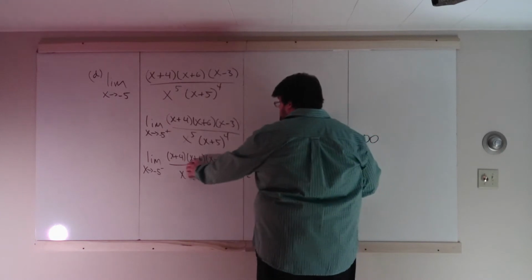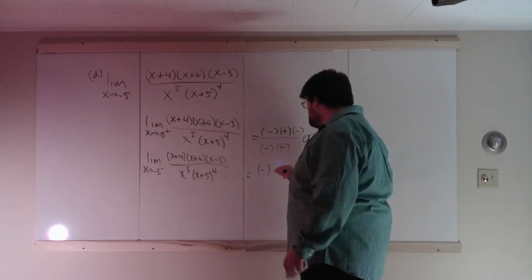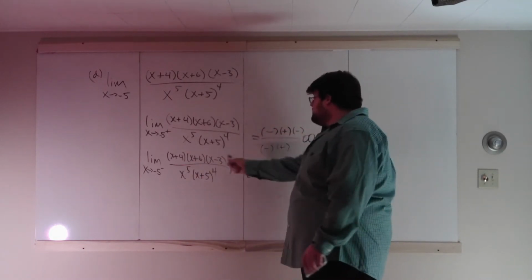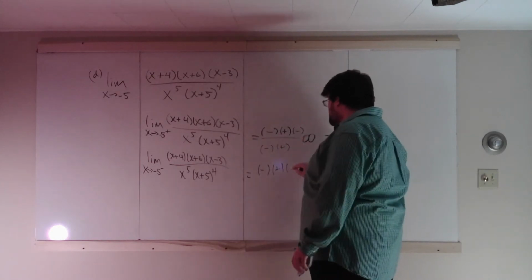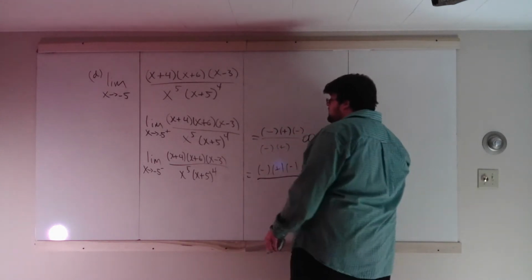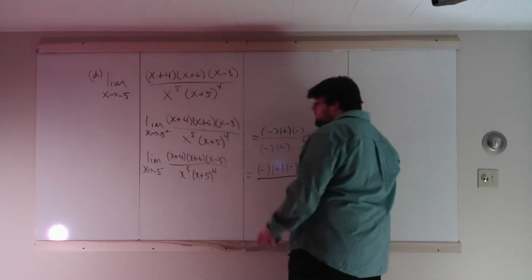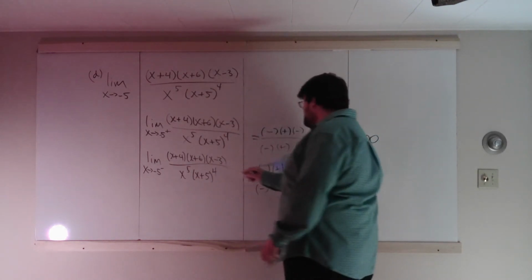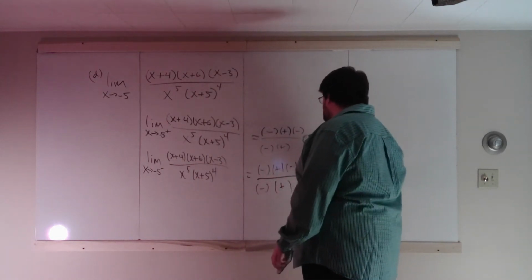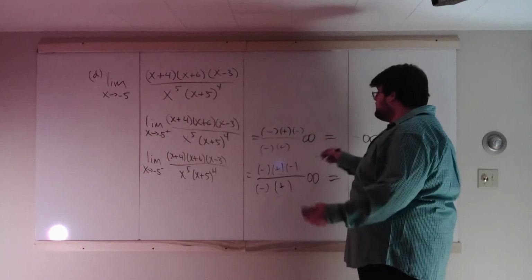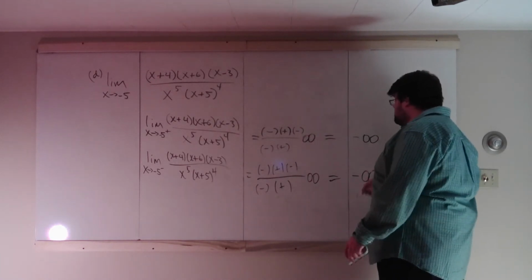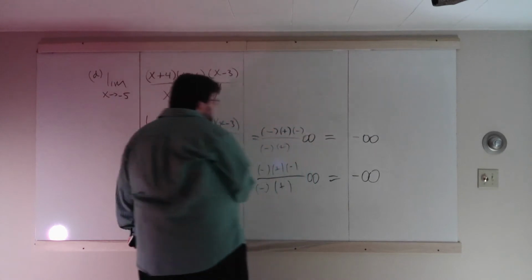Substitute that in x plus 6. That will be a positive. X minus 3, that will again be a negative. Negative number to the 5th is still negative, and then something to the 4th is positive, and it's an infinity. There are 3 negatives. 2 of them cancel, and you're left with 1 negative infinity.